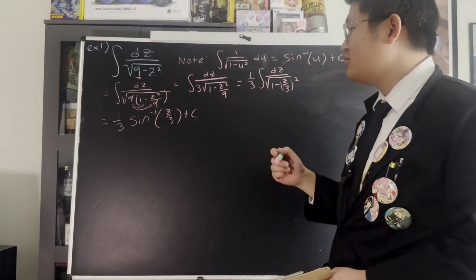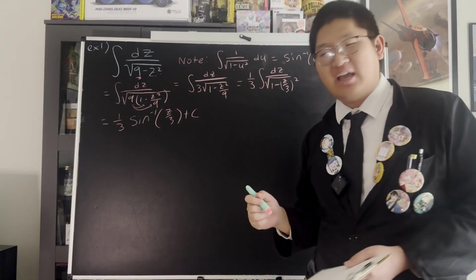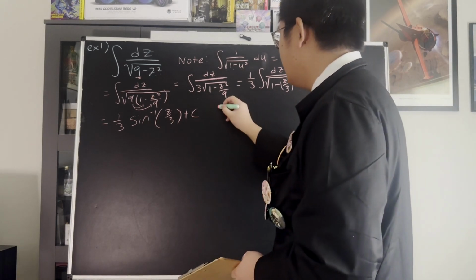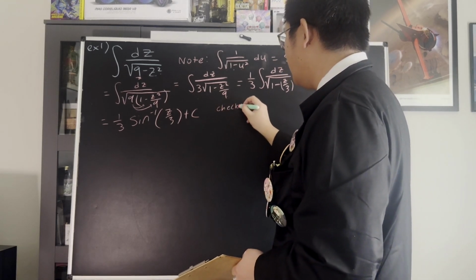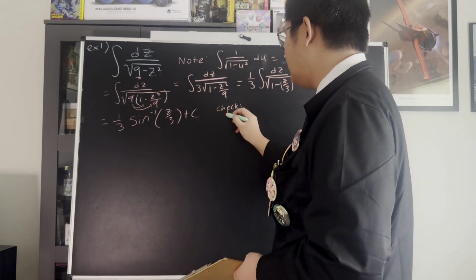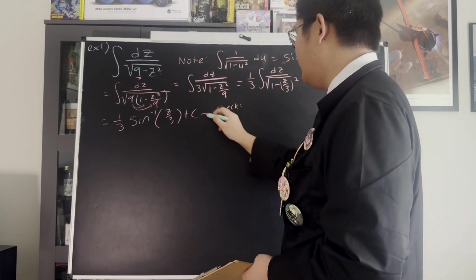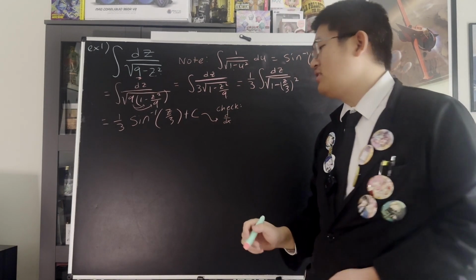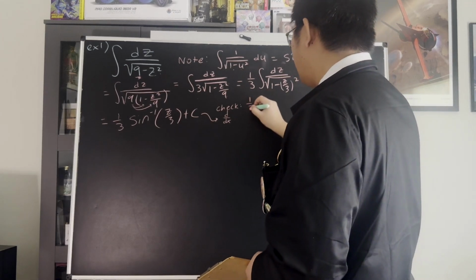Okay, not too bad. But as always, we can't exactly square this answer away unless we check to make sure that this is the correct answer itself. So let's go ahead and take the derivative of our proposed answer, and let's have a look. We have a 1/3 waiting for us.